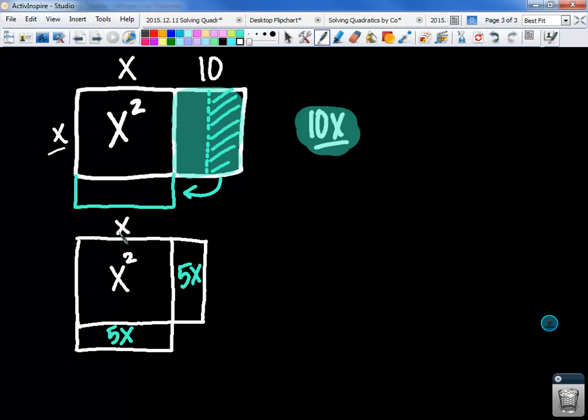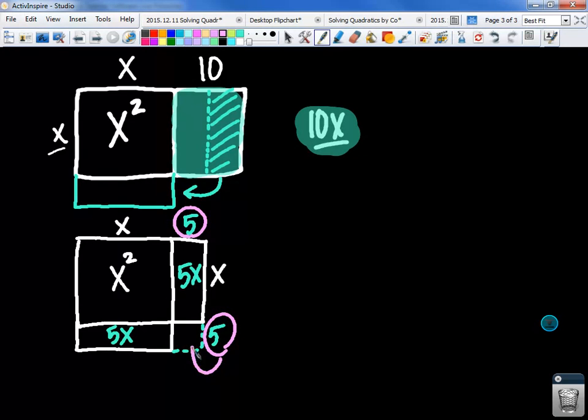So x times x gives me x squared, and x times 5 gives me 5x, and x times 5 gives me 5x. So 5 times 5 is the value that completes the square.